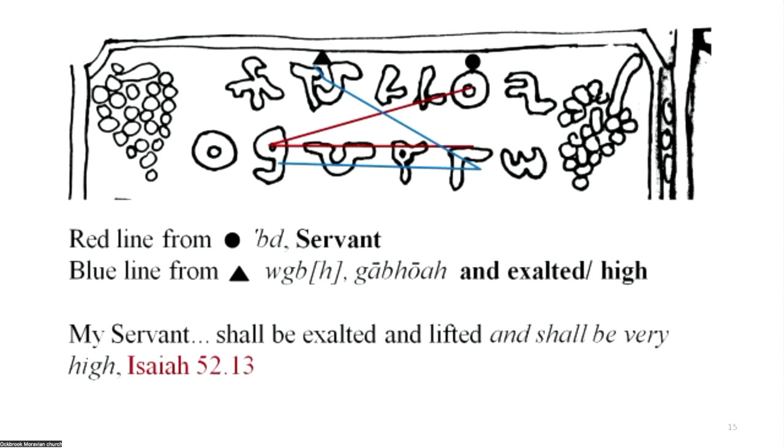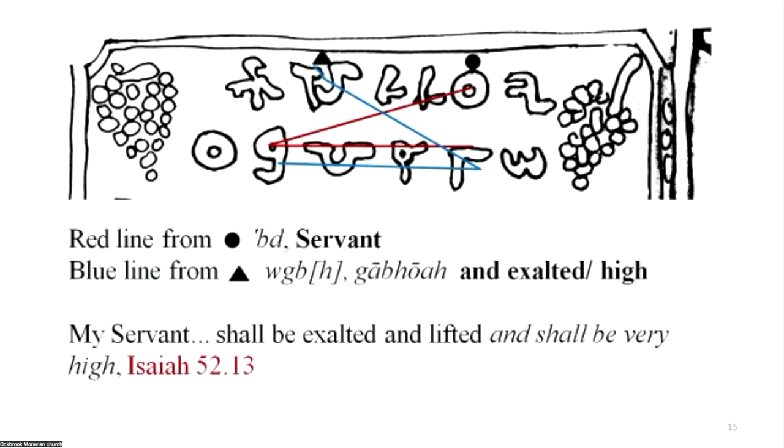And the opening line of the great suffering servant song, which as it happens is at the end of Isaiah 52, the chapter divisions are in an unfortunate place at that point. It begins by saying, my servant shall be exalted and lifted up and shall be very high. And that's those exact words.